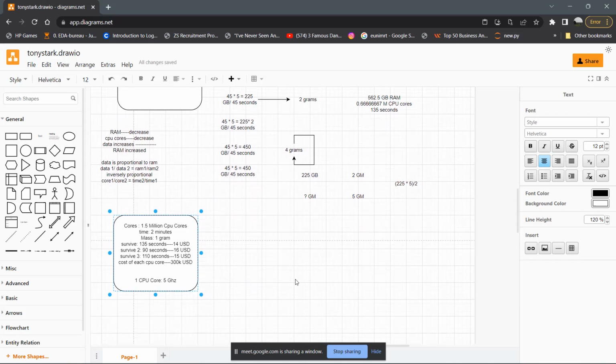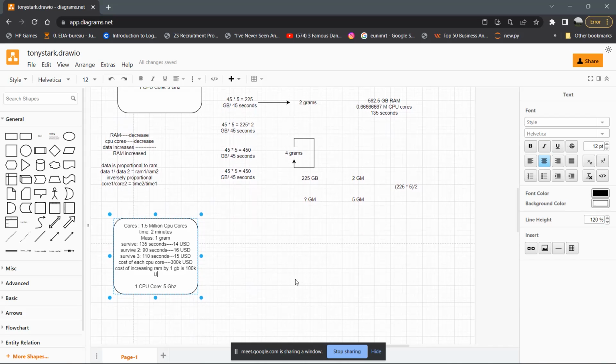And the cost of increasing RAM by 1 GB is 100k USD. And the same 5 GB is one CPU core.